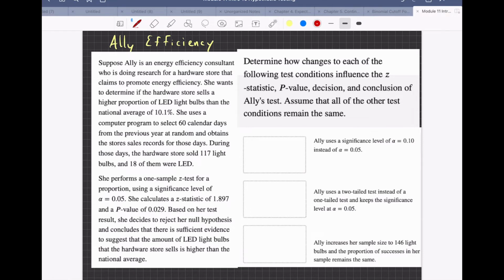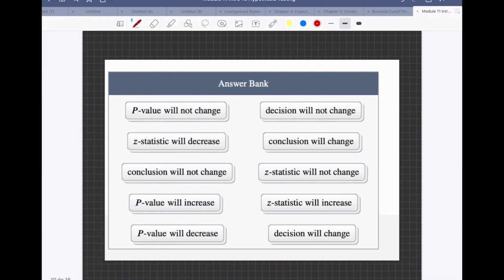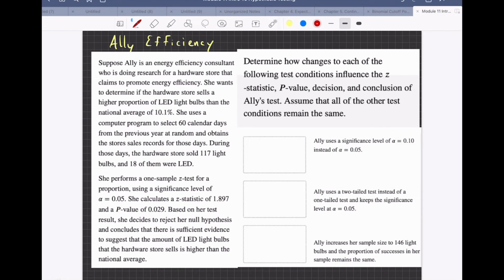All right, this exercise. It says, suppose Ellie is an energy efficiency consultant who is doing research for a hardware store that claims to promote energy efficiency. She wants to determine if the hardware store sells a higher proportion of LED light bulbs than the national average of 10.1%.